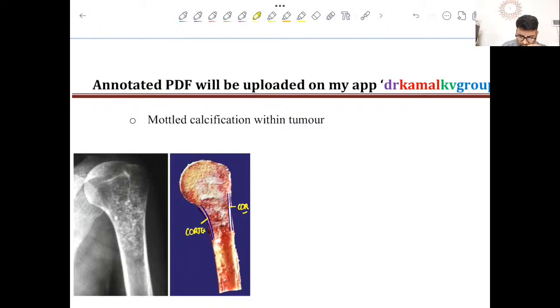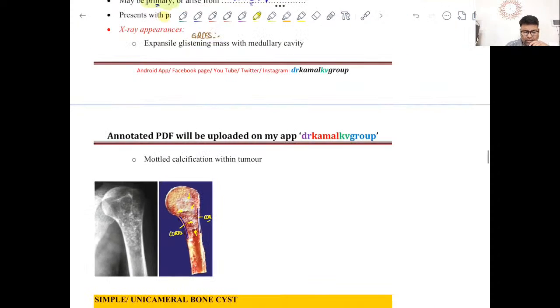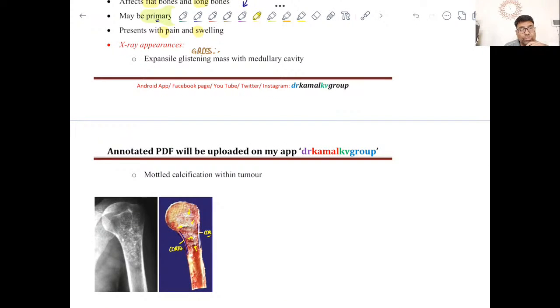So within the medullary cavity, we will see this yellowish white glistening mass. This is very characteristic of chondrosarcoma. Expansile, of course, means it is expanding, and glistening means shining. And of course, the location you can see is within the medullary cavity.